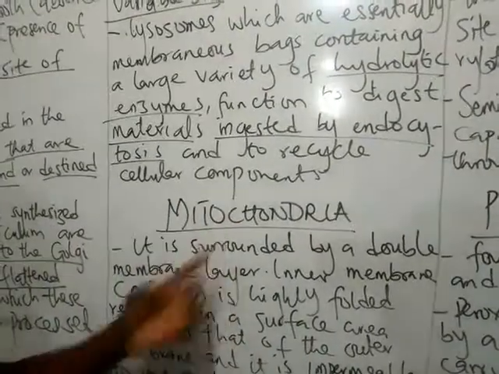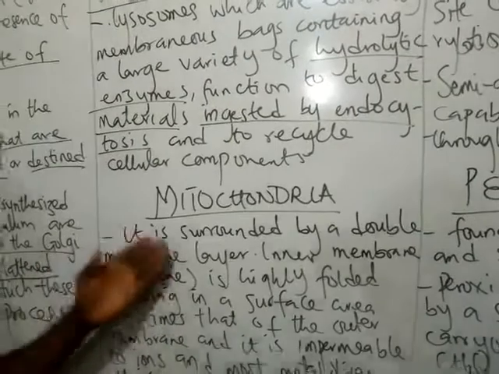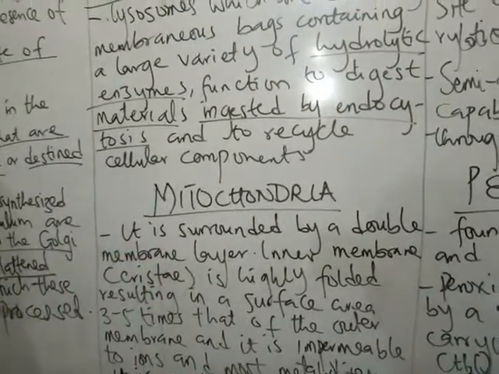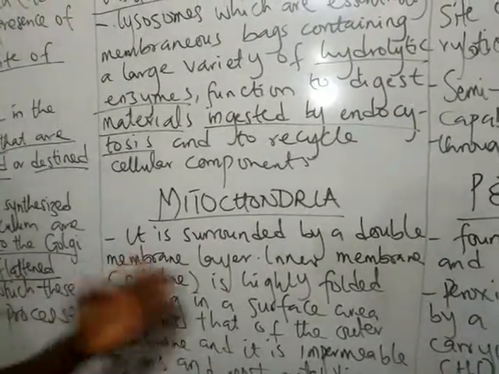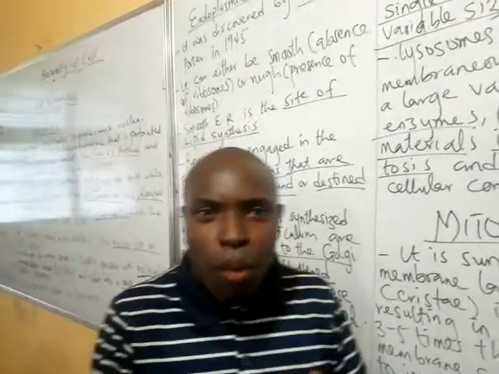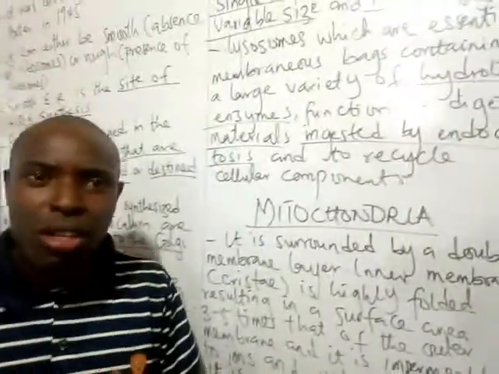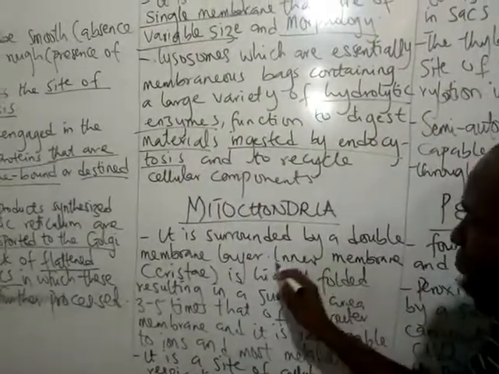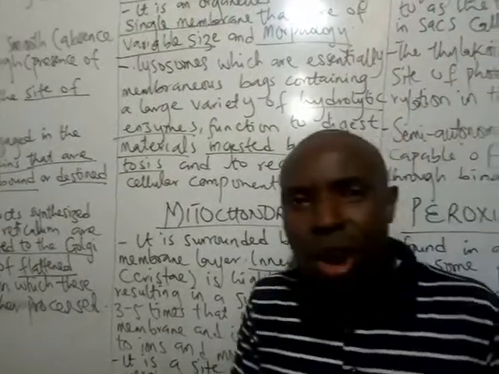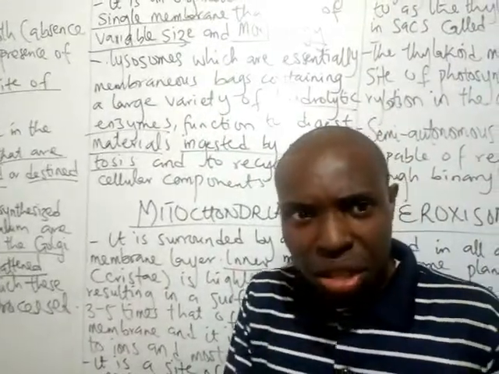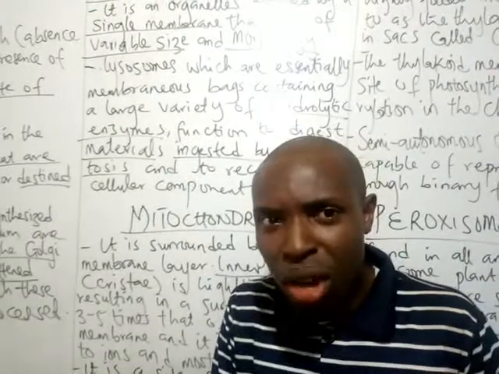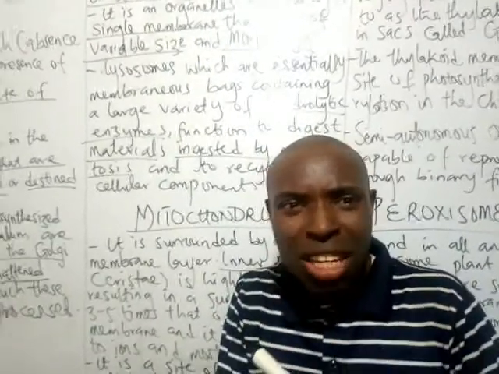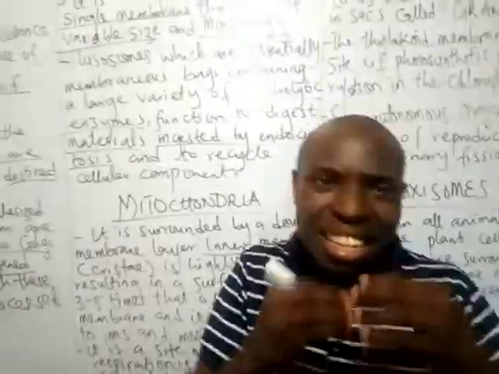The next of our organelles is the mitochondria. The mitochondria is surrounded by a double membrane layer, and the double membrane layers are of two categories. It contains an inner membrane. The inner membrane of the mitochondria is known as the cristae.